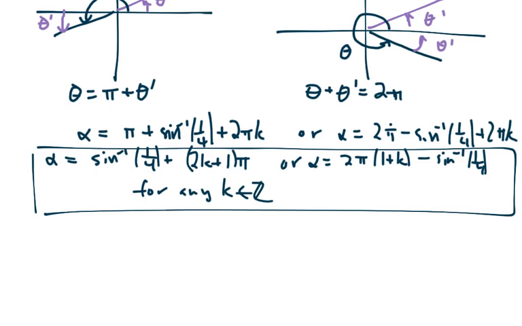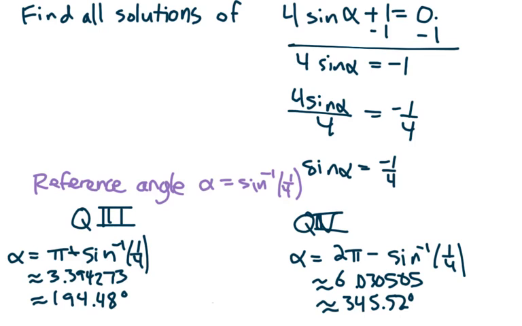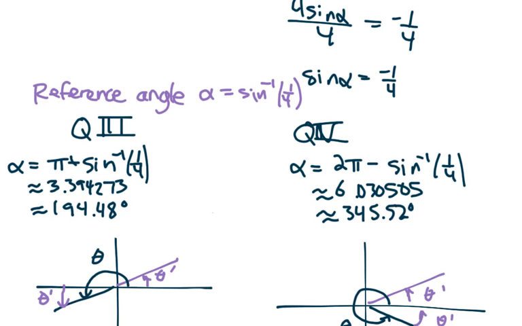One more thing I'd like to say about this before we do the next examples is that for this equation, sine inverse of negative 1/4 is not a solution between 0 and 2 pi. Because of the range of the inverse sine function, sine inverse of negative 1/4 is actually between negative pi halves and 0 in the fourth quadrant, but not between 0 and 2 pi, right? Go ahead and ask your calculator, what is arcsine of negative 1/4?